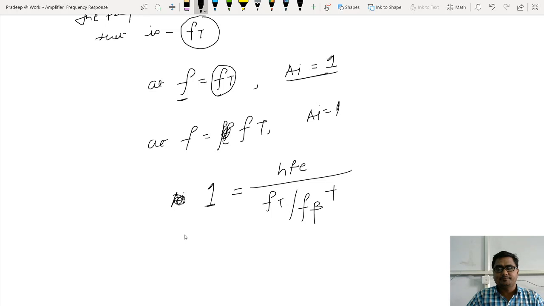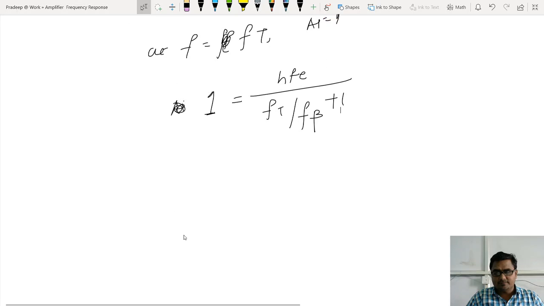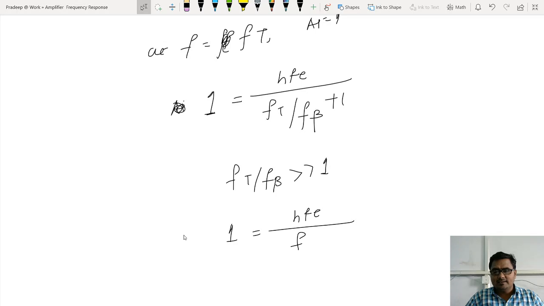Look at this, FT is still there. If you observe it, you will find that FT divided by f beta, that ratio, is very much greater than 1. That's why it is written as HFE divided by only FT divided by f beta, where FT is the gain bandwidth product.